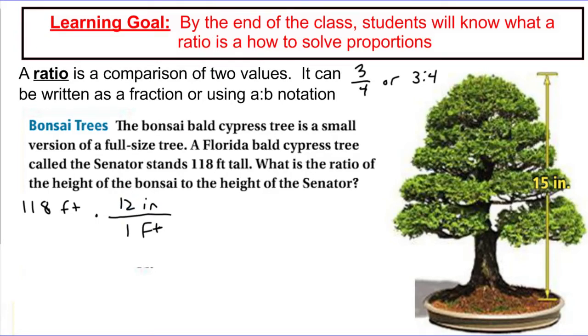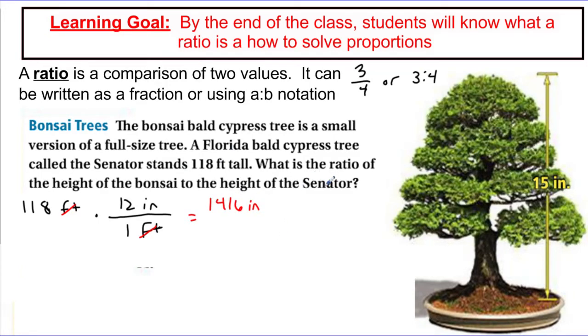The reason I chose to do this is that anything in the denominator and the numerator of a fraction will cancel, so I can cancel out feet and feet, and this is now an inches conversion. In order to make this conversion, I need to do 118 times 12, which is 1,416 inches. So the senator tree in inches is 1,416 inches.